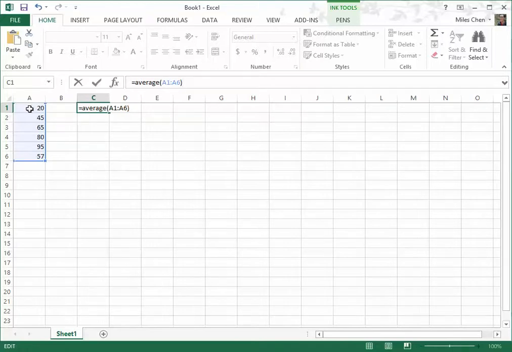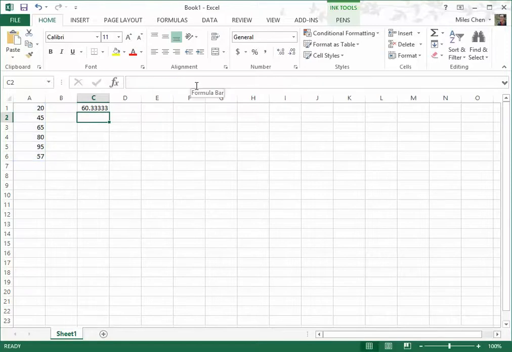That means start at cell A1, go all the way down to cell A6, because all of my numbers are in this column right here. You can highlight this with your mouse, or you can type in A1 colon A6. Average will give you the mean. You hit enter, and it calculates the mean for you.